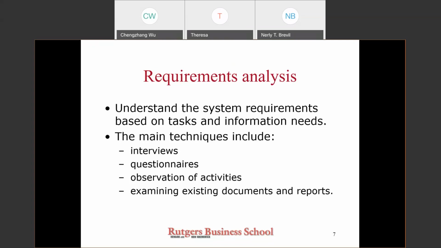However, the documents may be inadequate to meeting the user's needs. Merely examining the documents and reports is an insufficient means of understanding users' requirements. An optimal approach is to use multiple techniques. We can combine interviews, questionnaires, and observations together.